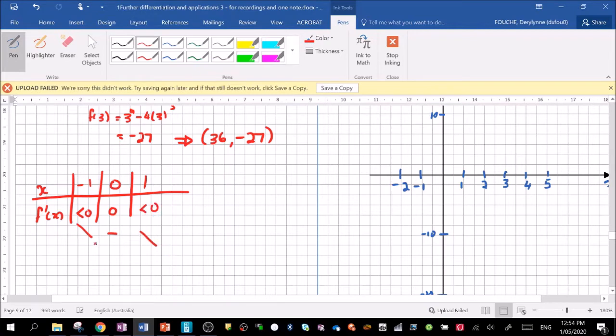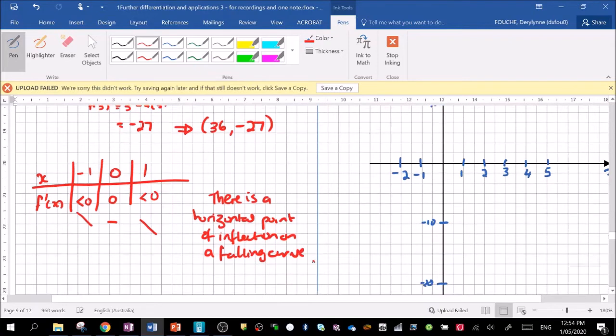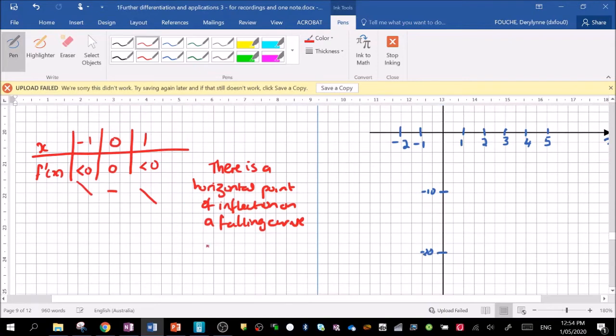And I have a point of inflection, or a horizontal point of inflection, on a falling curve. And this is at the point (0, 0).